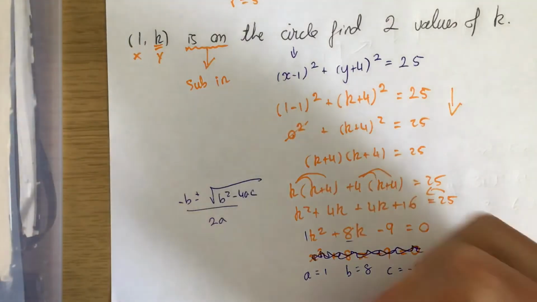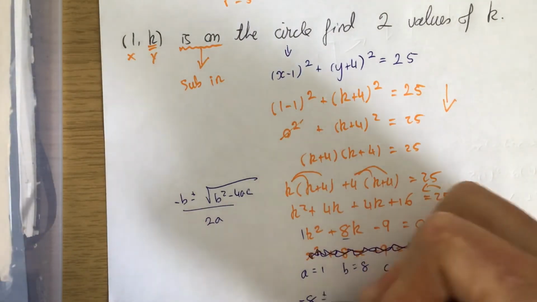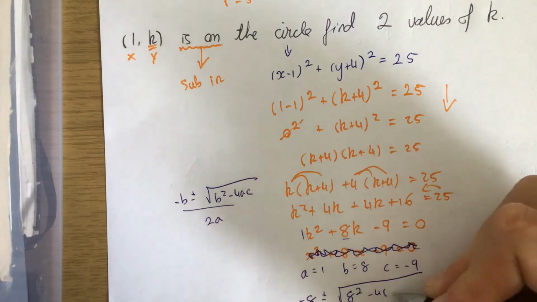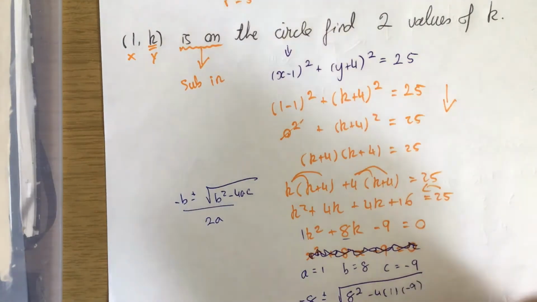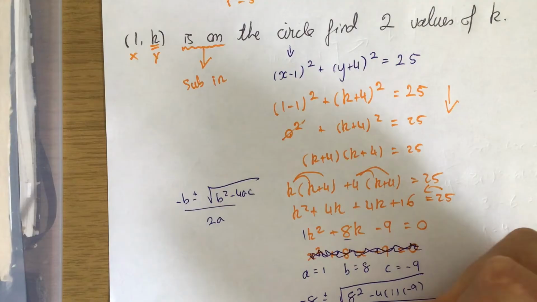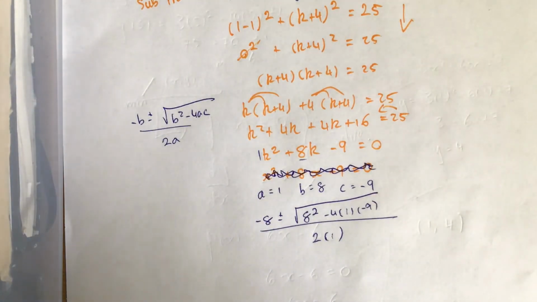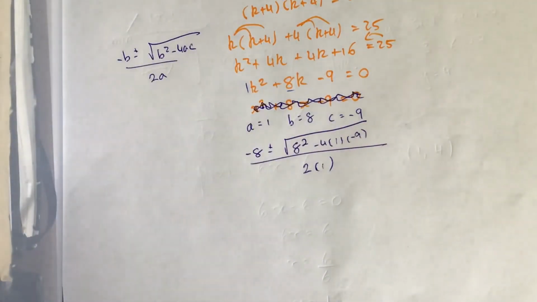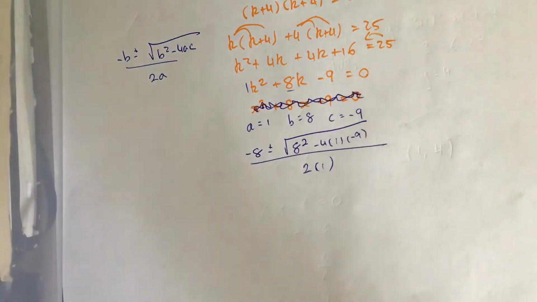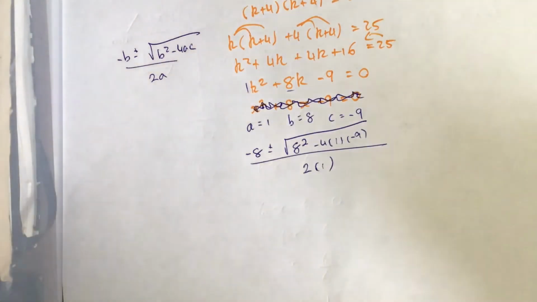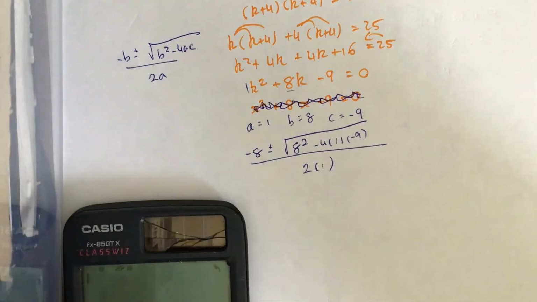So this would be minus 8 plus or minus the square root of 8 squared minus 4 times 1 times minus 9, all over 2 times 1. Now, you are absolutely allowed to type that straight into your calculator. Often what I do find with students is when you do type that in, we get a math error or a syntax error, and we don't get our correct answer out. So I'd recommend doing a little bit of tidying up before we type it into the calculator.